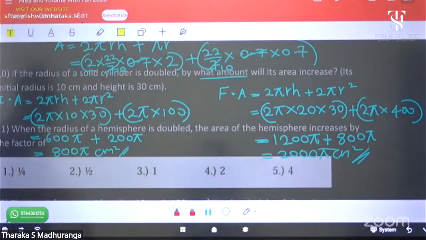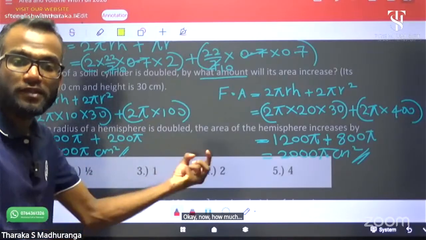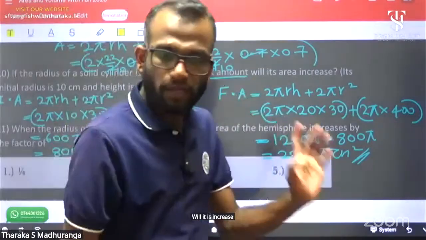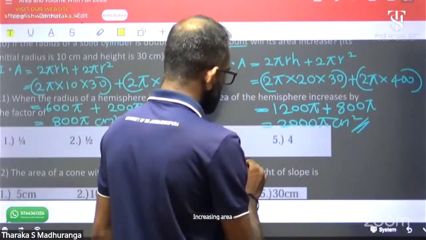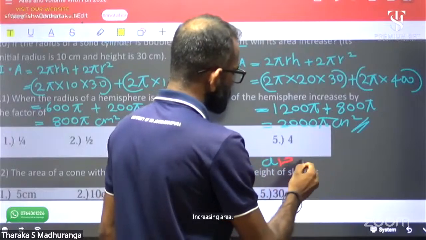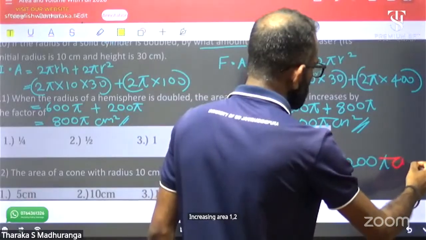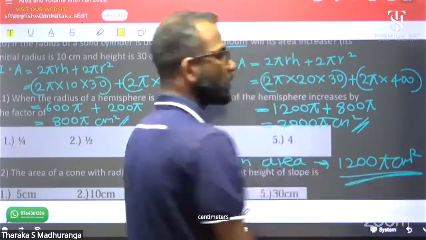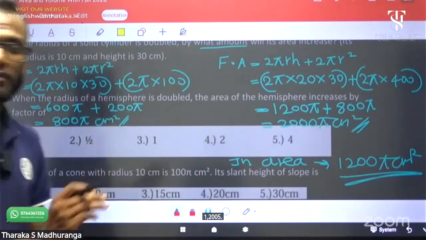2000 pi square centimeter. Okay, now how much will it increase? 1200 pi square centimeter, right?